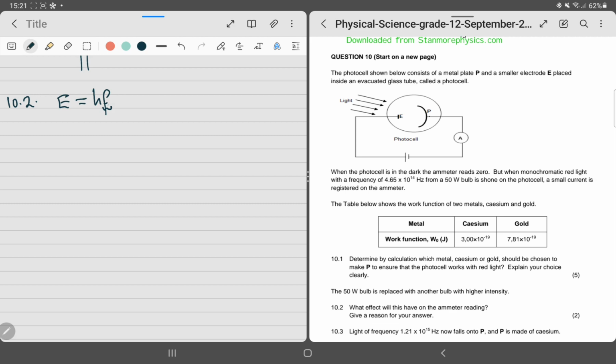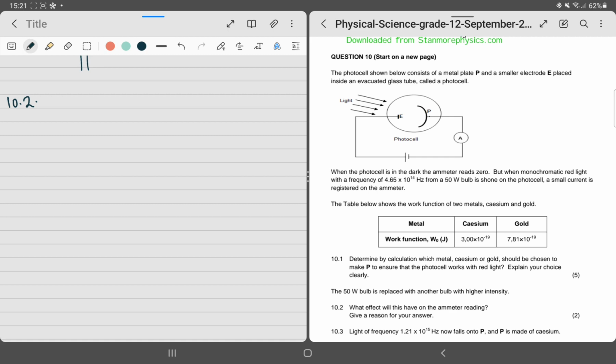Since h is a constant as well, it means the energy won't change. So if you are still using the same light source, but you are only increasing the intensity, that does not affect the energy, and it also doesn't affect the EK max. A higher intensity only increases the number of photons that are released by the light per unit of time. That's all it does.